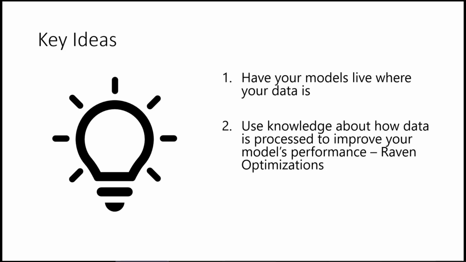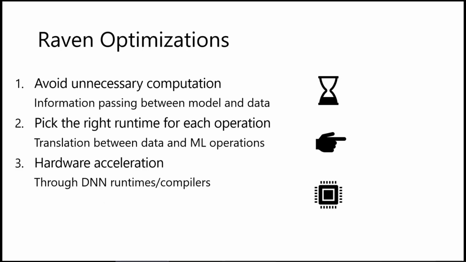Intuitively, because we know from the SQL query how this data is going to be transformed, what sort of filtering is going to be done on this data, and whether it's going to be ordered, is there any way we can use that to improve the inference part when this data is sent to the model? Can we use that knowledge of what this data looks like, what has been done to the data, to improve how the model runs? And the answer is yes.